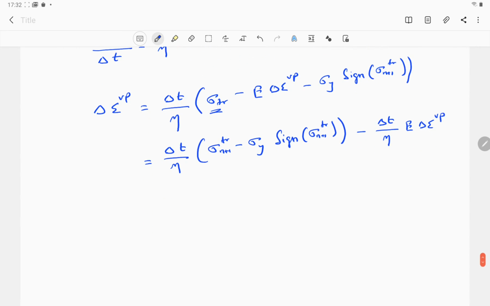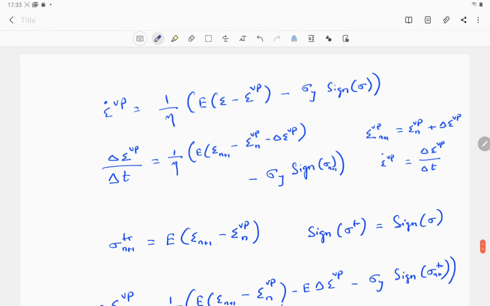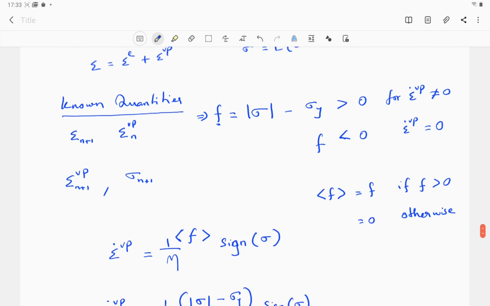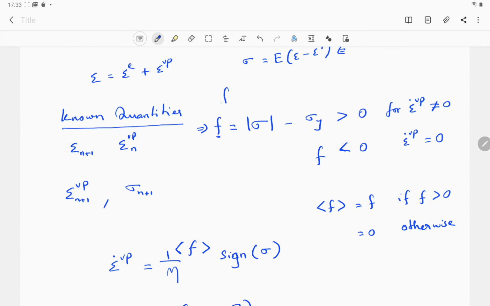Now let me take this over this side, so that what I will get is delta epsilon Vp into 1 plus delta t by eta E is equal to delta t by eta into, initially we have defined f, right? So f is basically a function of sigma.